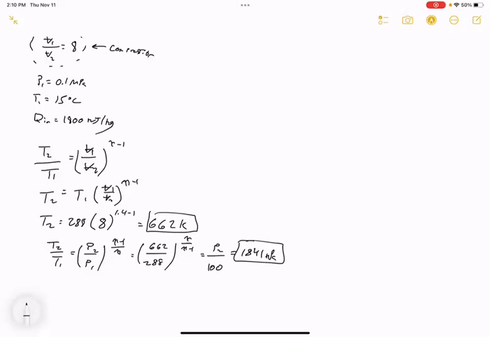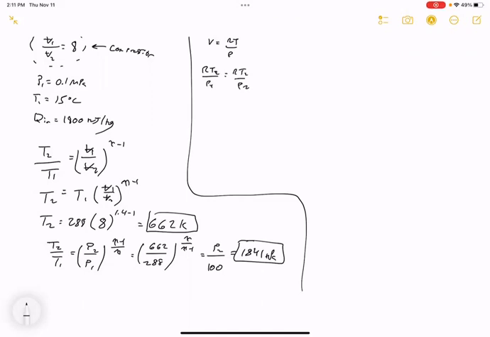So heat addition, we already said we're doing in an isochoric process. The volume is the same. So if we treat this as an ideal gas, which we can, the specific volume of an ideal gas is RT over P. And if V2 is V3, then RT2 over P2 equals RT3 over P3. Sorry, we're dealing with states 2 and 3.